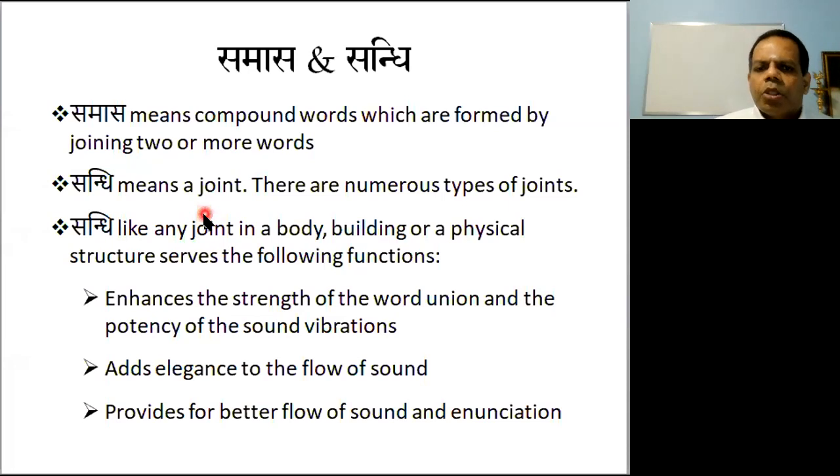Okay, so sandhis, like as I said, in a body building, we have joints also. Some joints have to be flexible, some joints have to be strong. So it gives you a physical structure, just the way physical structures have sandhi. Sound also has its structures, and it's very, very important because they enhance the strength of the compound word. Okay, so that is the whole idea.